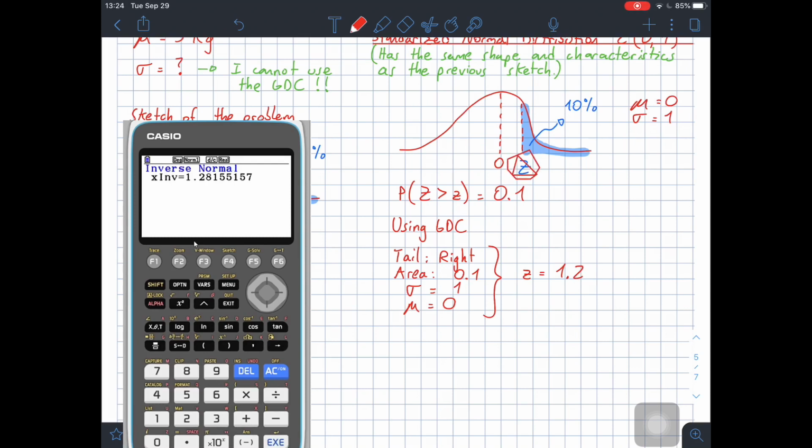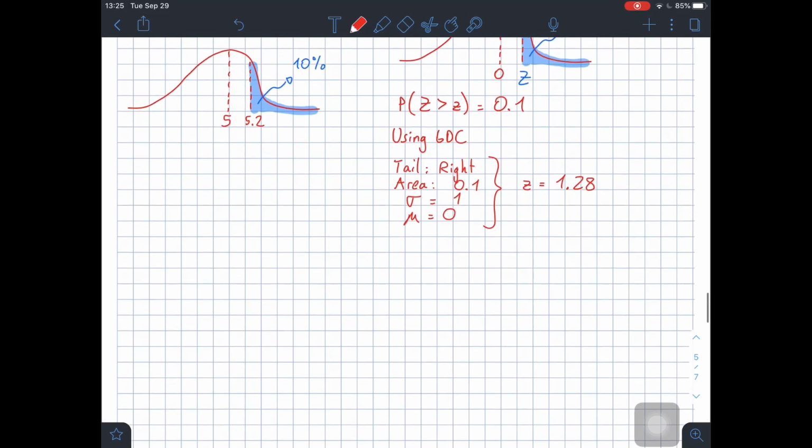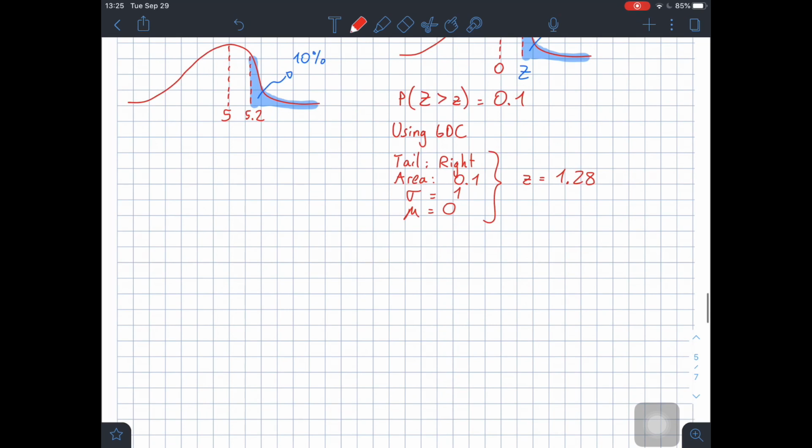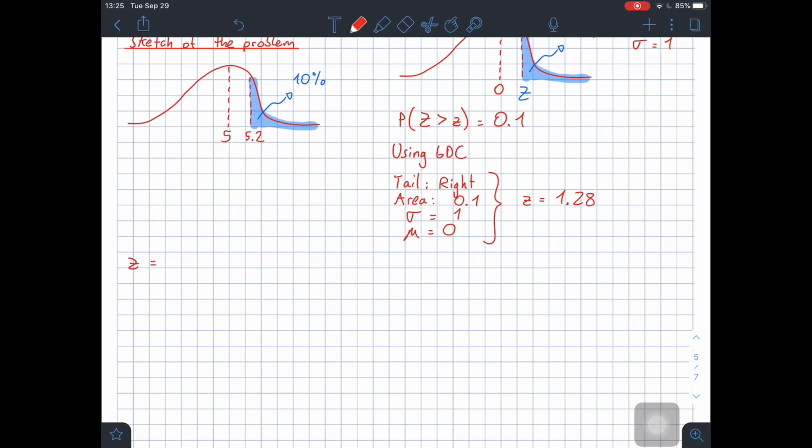But then, how do we relate this 1.28 to the 5.2 we had here? If you remember from the previous class, I showed you a formula that relates the value c with any other normal distribution: x minus mean over standard deviation.